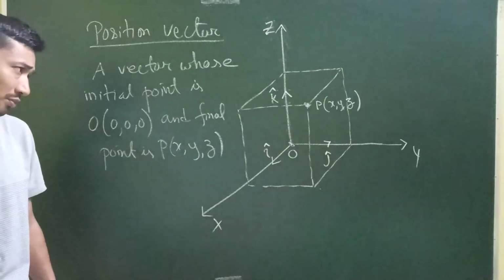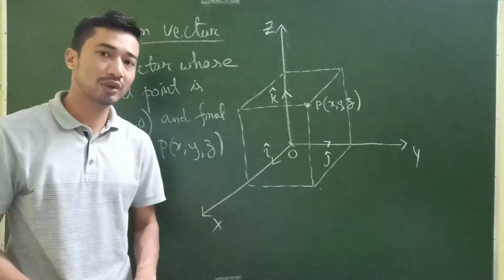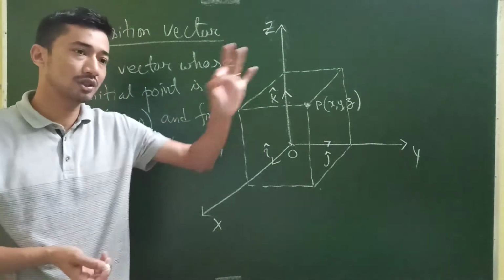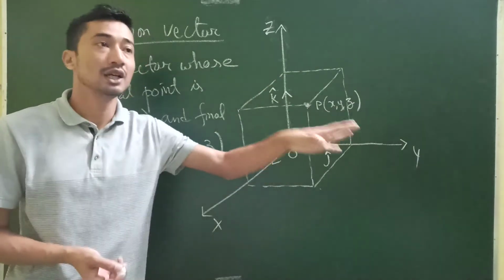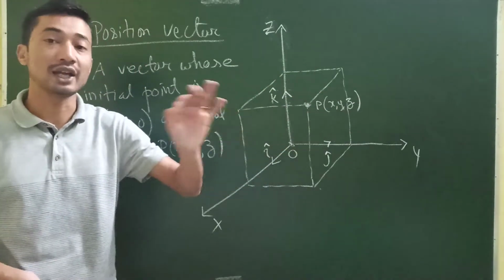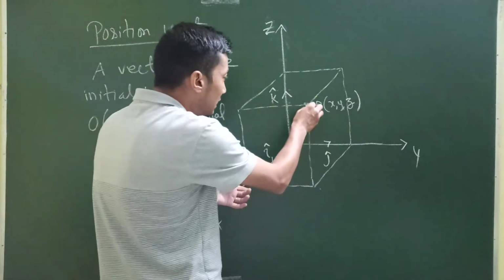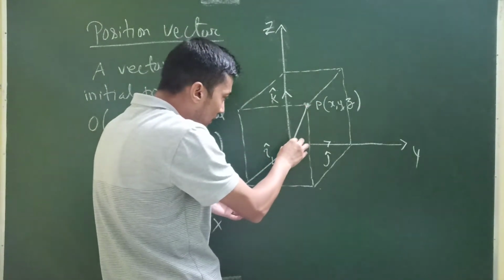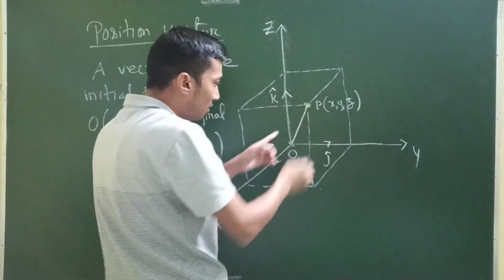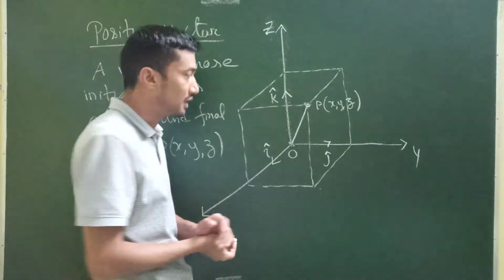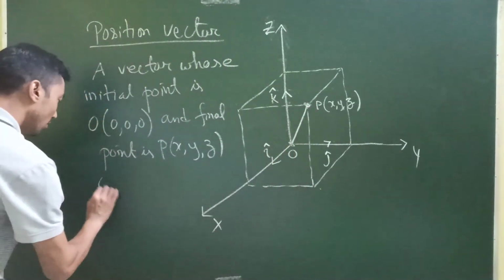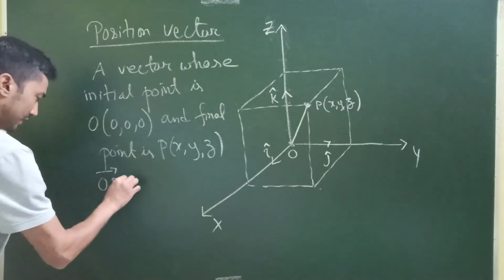So the position vector of a given point is the position of a point in space with respect to the x, y and z axes from the origin. It is the position vector of this point P from the origin, so it will be the OP vector.